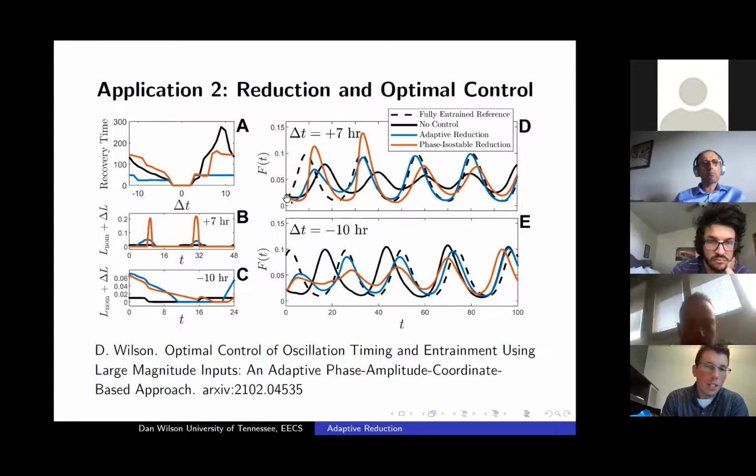These initial conditions are minus 7 hours too slow, so we have to advance them by plus 7 hours. Applying this input allows you to get relatively quickly, when using the adaptive reduction framework, to the fully entrained solution that you want. The other ones don't work quite as well. And it's basically the same story for the minus 10 hour time delay as well.